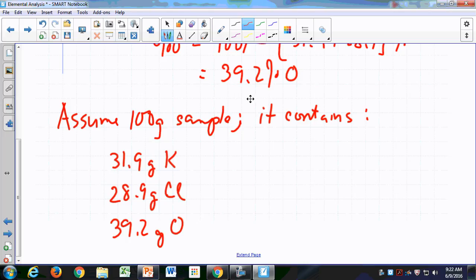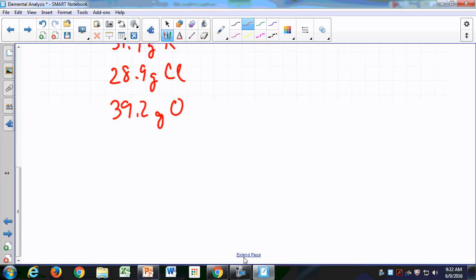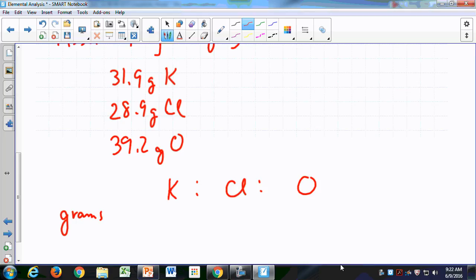So how are we going to determine the empirical formula based on this information? Let's rewrite that here. Potassium to chlorine to oxygen, in the mass ratio in grams, is 31.9 to 28.9 to 39.2.